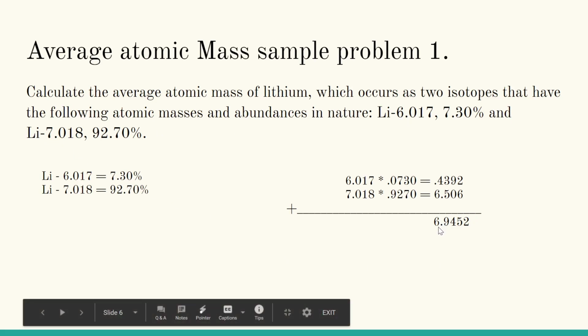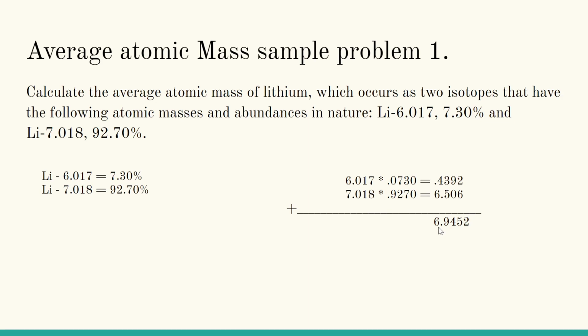Our answer ends up being 6.9452, which is between the 6 number and the 7 number. So that's a good little double check that we can use to make sure that our answer makes sense to us. Because if we're averaging two numbers together, they should be in between those numbers and not higher or lower than the starting or ending numbers.